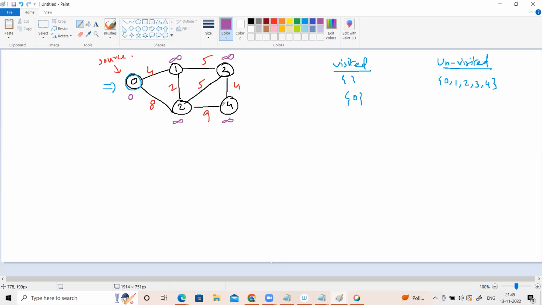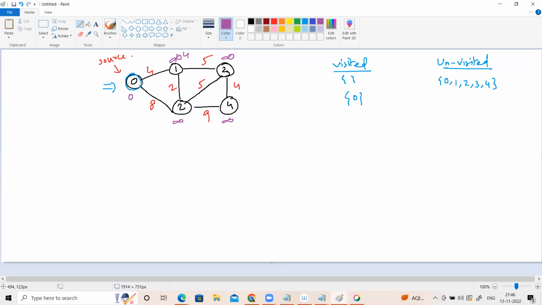If we try to find the neighbors of 0: from 0 to 1 we have cost 4. The minimum between infinity and 4 is 4, so we discard infinity and put 4 over here.